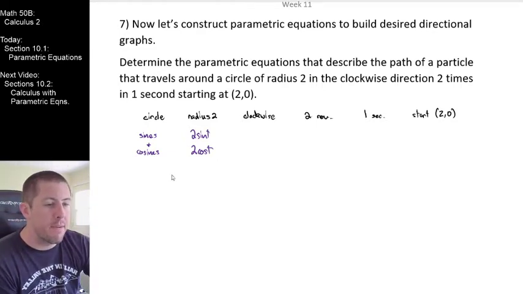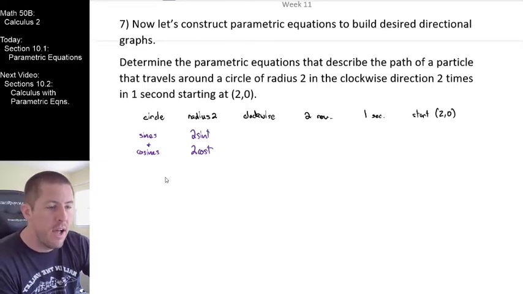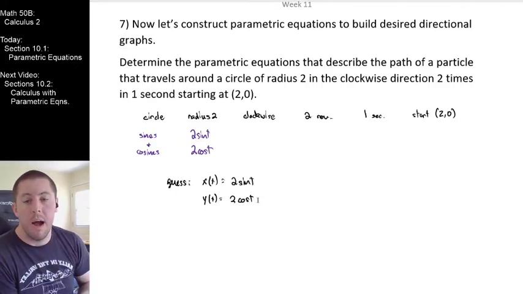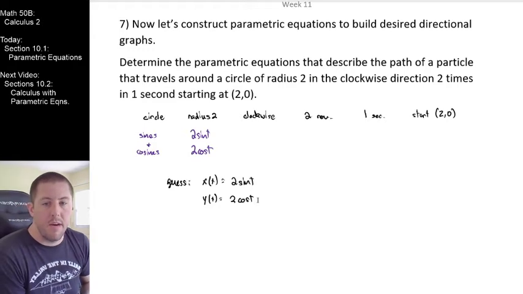So now I'm going to make my first guess. I don't think this guess is my final answer. I'm just trying to put some stuff down on paper. So how about x of t equals 2 sine t and y of t equals 2 cos t. I'm just guessing some stuff here.